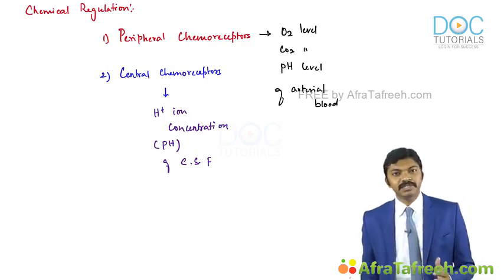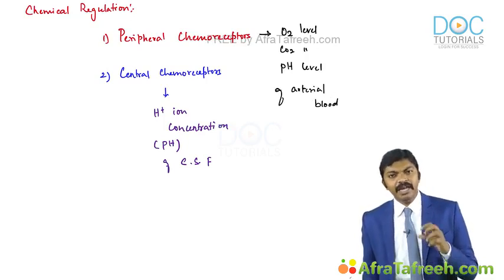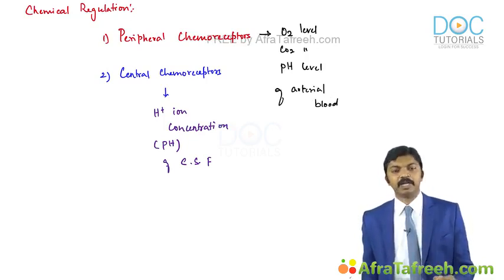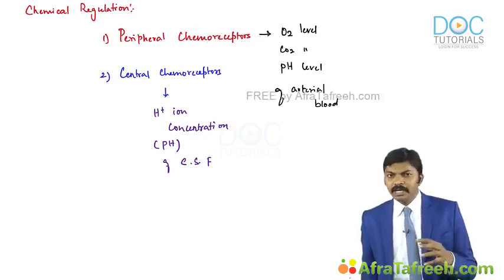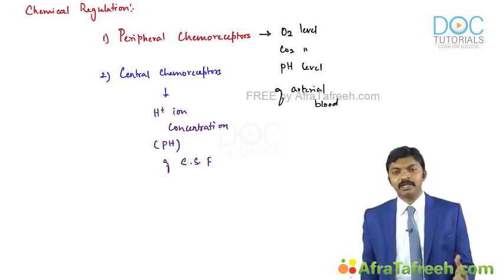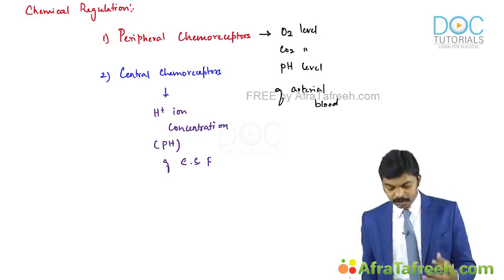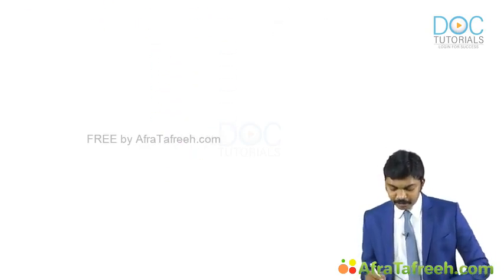Whereas, since these regions are completely surrounded by cerebrospinal fluid, any chemical changes in cerebrospinal fluid, in particular, number one, the pH of cerebrospinal fluid, and number two, the carbon dioxide content of cerebrospinal fluid, are going to trigger central chemoreceptors, doctors. So let us take up peripheral chemoreceptors first.